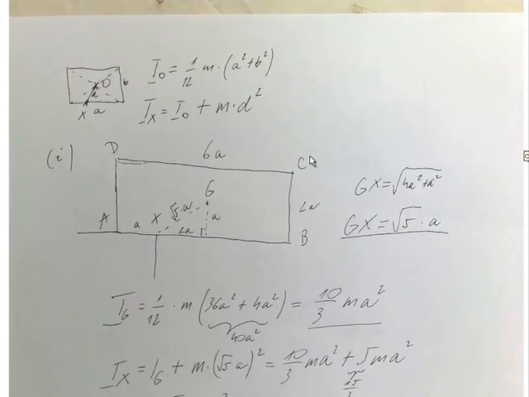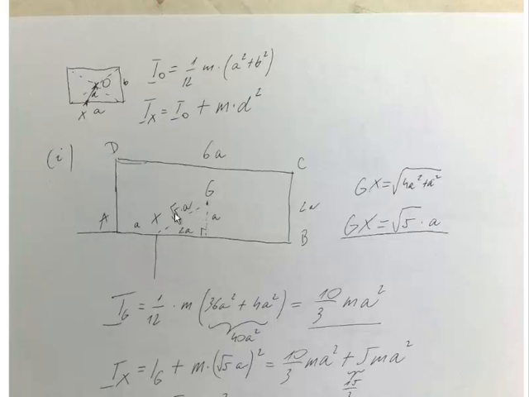How? First we calculate this GX from Pythagoras. This is 3a minus a, so this is 2a, and half of 2a is a. So here GX is equal to square root of 5 times a.